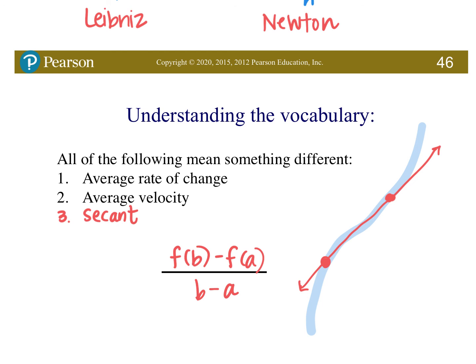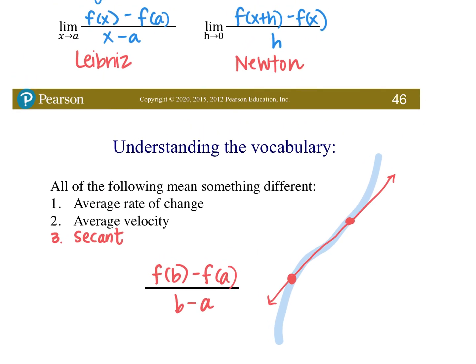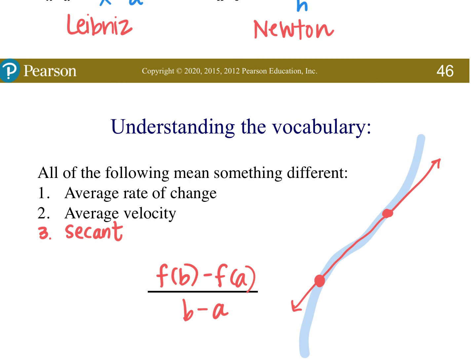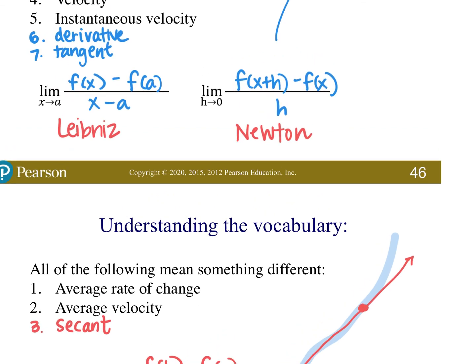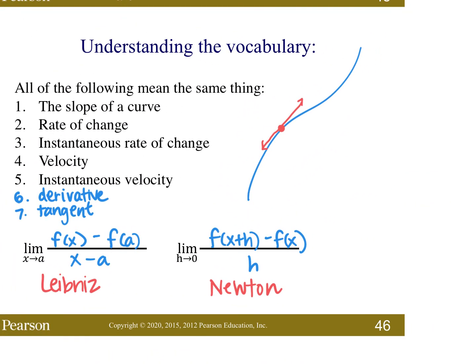Secant doesn't need limit. The tangent one does need a limit. Okay? So I'm trying to help you with some of the explanation questions you might have to explain on the test, by talking about these things. Okay, any final questions?